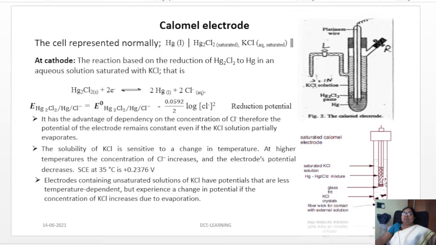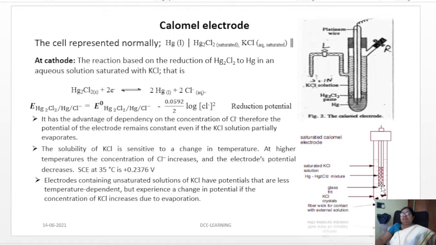Nowadays we use advanced calomel electrodes. In that we use a fiber wick, which acts as a salt bridge between the analyte and the inner solution of KCl.